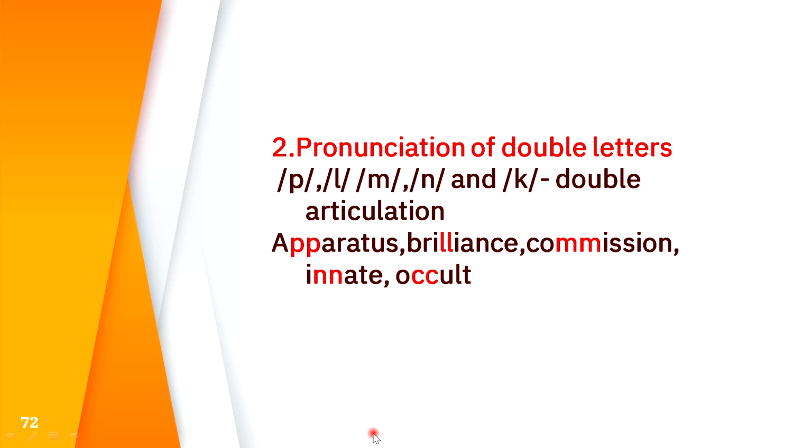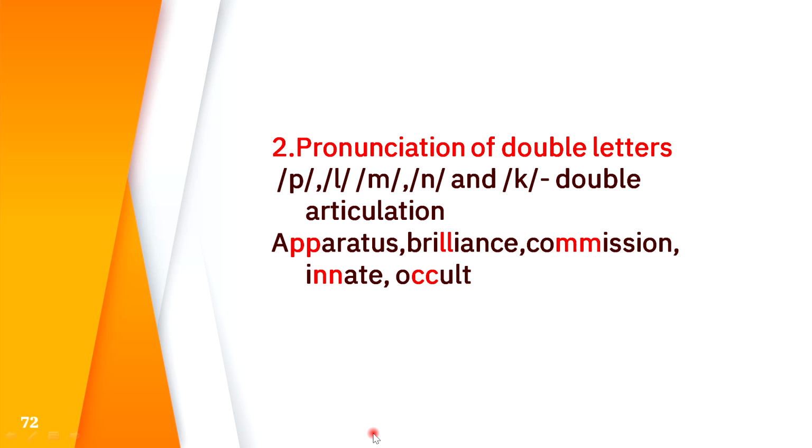Another area in which mother tongue interference occurs is pronunciation of double letters. Here again, due to the spelling pronunciation of Malayalam, it is usual for the Malayali speakers to double the pronunciation of these letters.